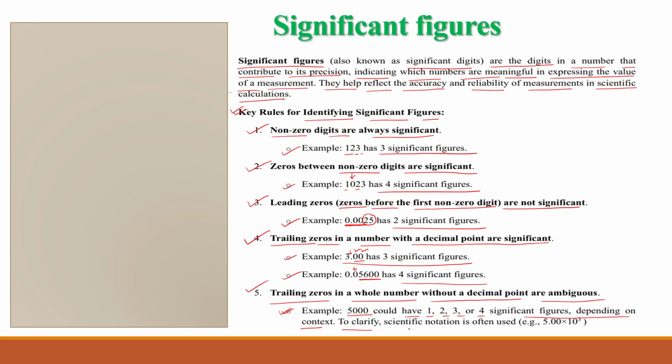To clarify, scientific notation is often used: 5.00 into 10 to the power 3. So in this case there are three significant figures. In the next slide we will understand it a little more.